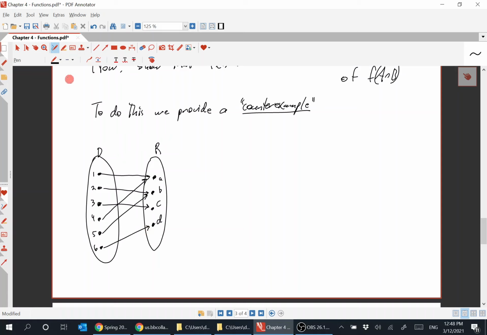And let A be {1, 2, 3}, and B will be equal to {4, 5}.